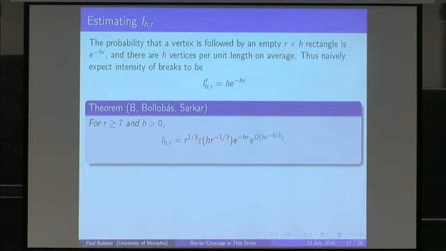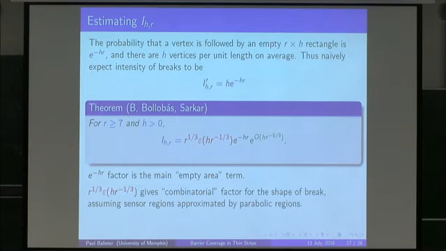The actual intensity of the breaks is a little bit more complicated. I've split it up into three terms here. The e to the minus HR is what you expect at the beginning, the excluded area of a rectangle. And now we have some correction terms.